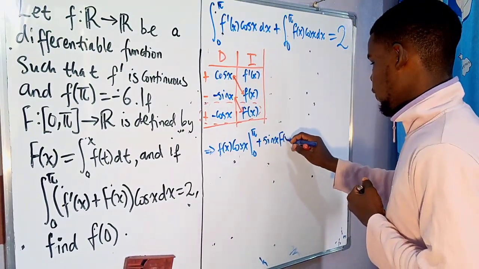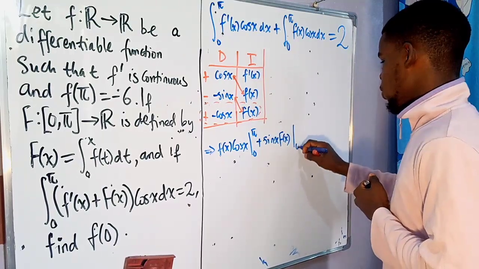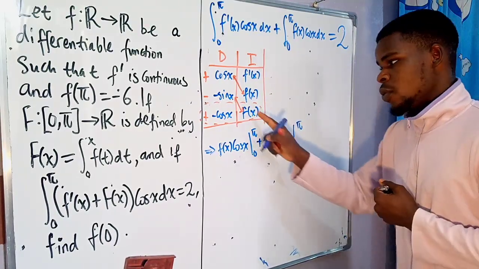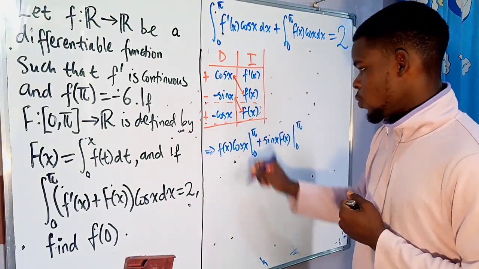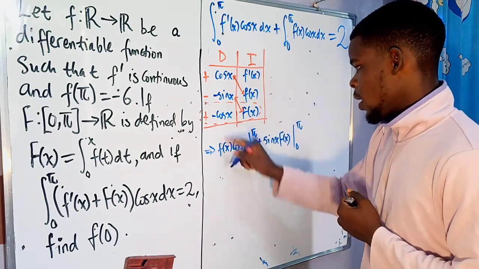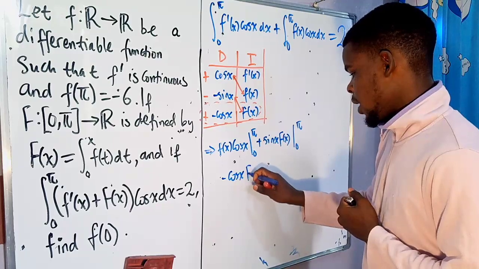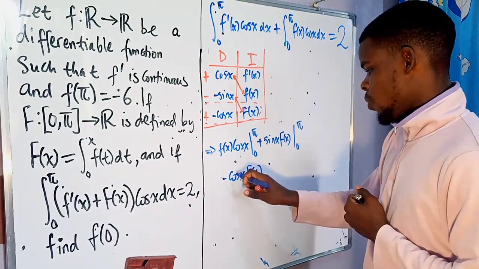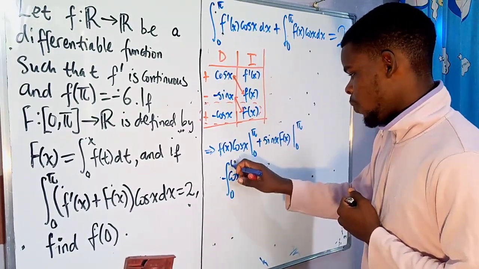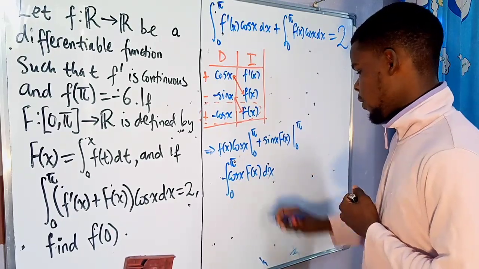So you take that big F of x, and then we have to take that from 0 to pi, and then we integrate the product of this last row. So we multiply this with that, we're going to have positive times negative, that will be negative cosine of x, all right, times big F of x. Okay, but remember, we have to integrate that from 0 to pi, and then we put the dx over here.